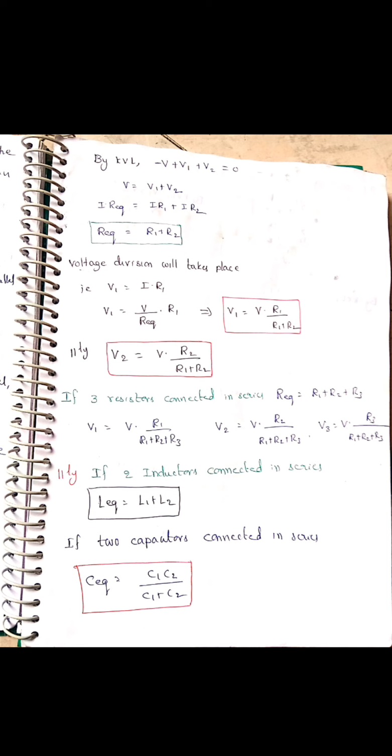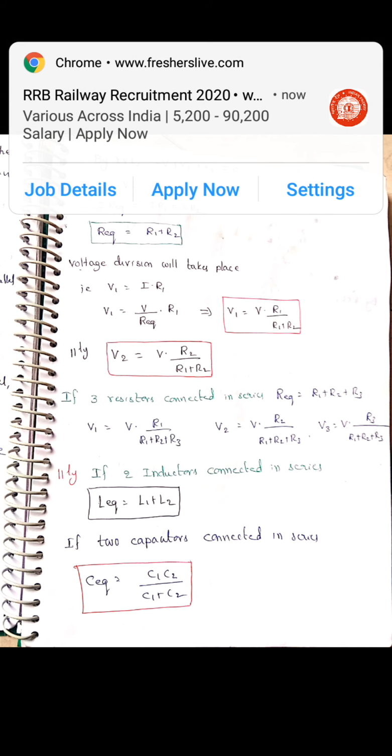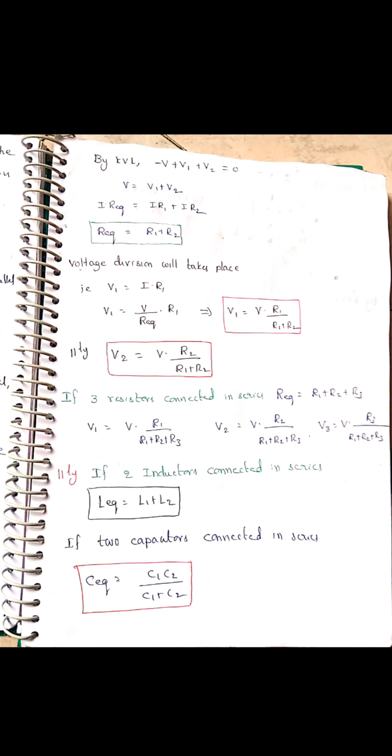If you take the voltage expression across any one resistor, say passive element R1, V1 is equal to I into R1. We can write this as V1 is equal to I, which is the total current flowing in the network, and we can calculate that using the formula V by R equivalent. R equivalent is nothing but R1 plus R2.